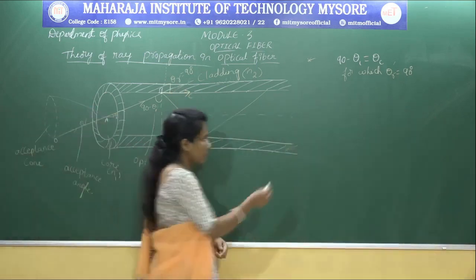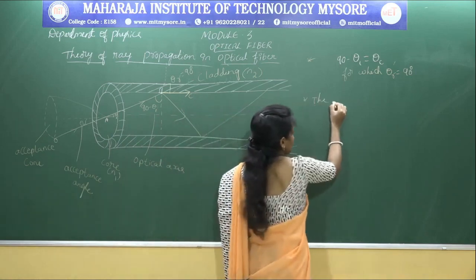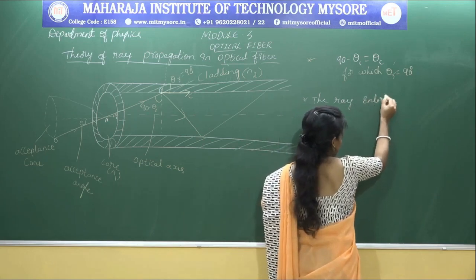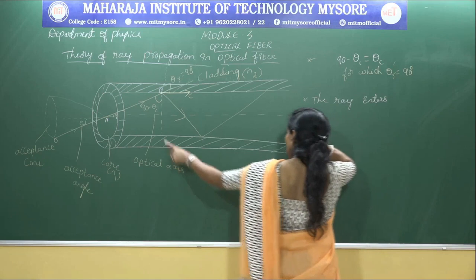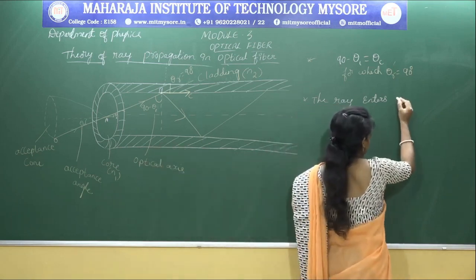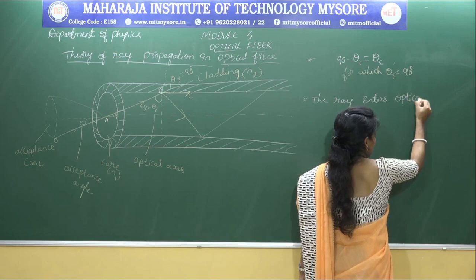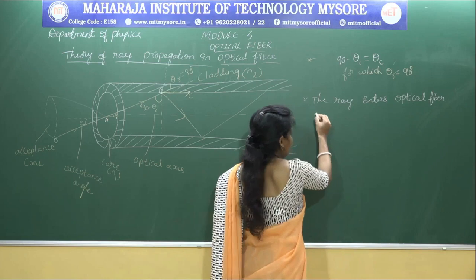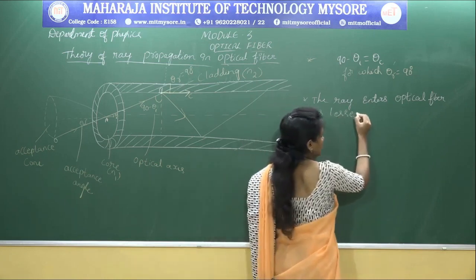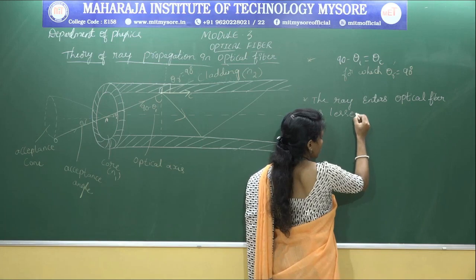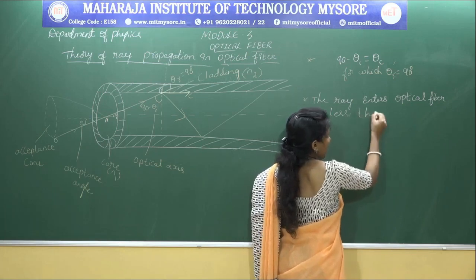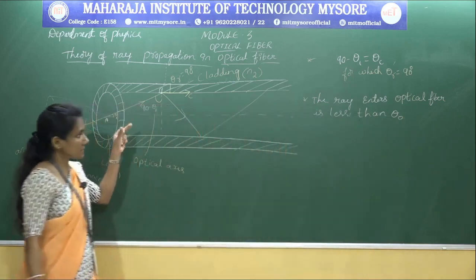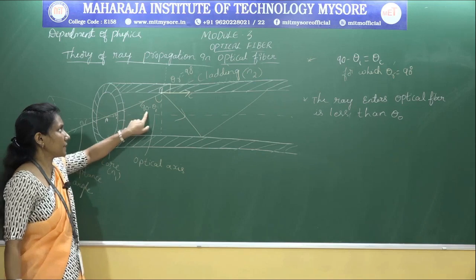And next, the ray of light which enters the optical fiber at an angle less than theta naught. So, what is the angle of incidence of that ray? This theta 1, 90 minus theta 1.